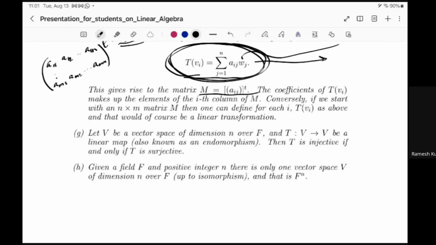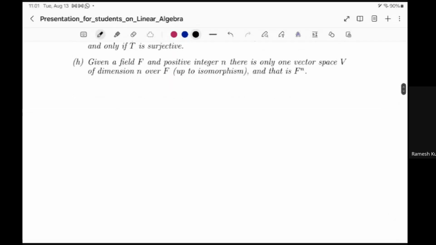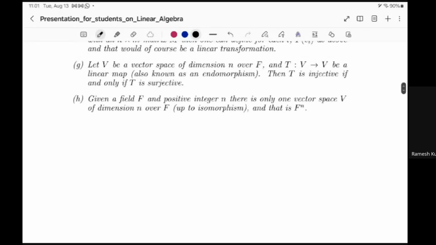All right. And finally, I would like to say that for finite dimensional vector spaces, when you have a fixed field, then you have exactly one, up to isomorphism, vector space of dimension n. And that vector space is F to the n.